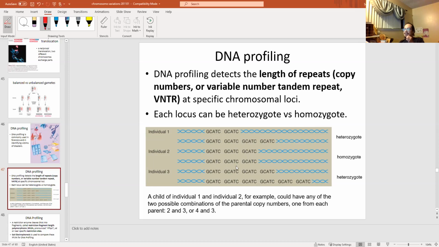Let's see, individual one and individual two could have two possibilities, right? Could be 4 and 3, or 4 and 2. So if these two persons have a kid, it will either have 3 and 2 or 3 and 3.